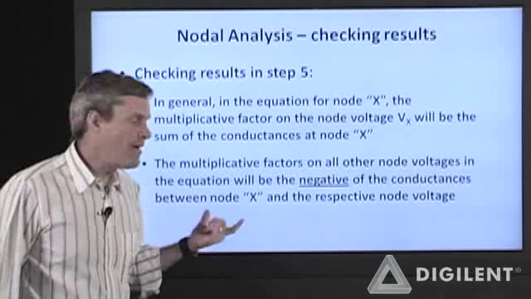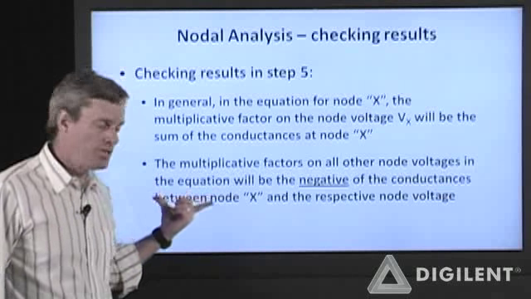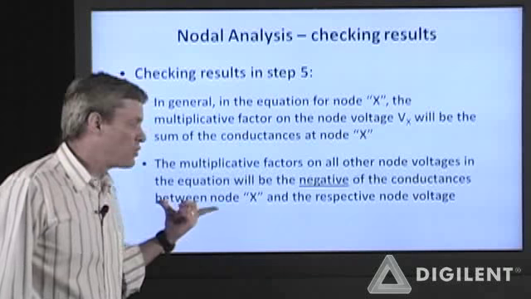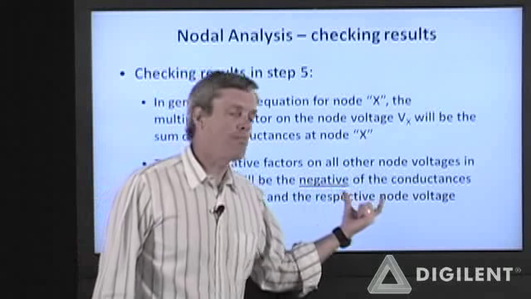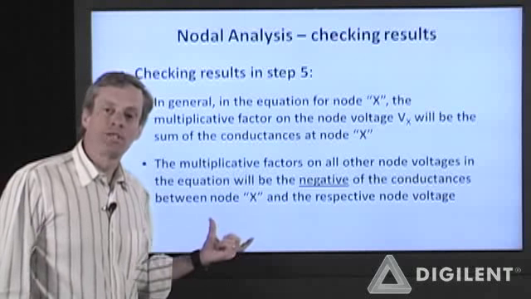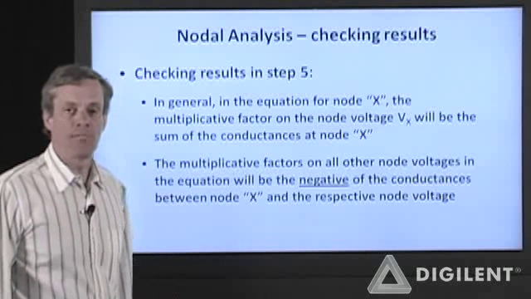The multiplicative factor on those node voltages will be the negative of the conductances between node X and that particular node where the voltage is at. Let me illustrate that relative to the example that we just did.